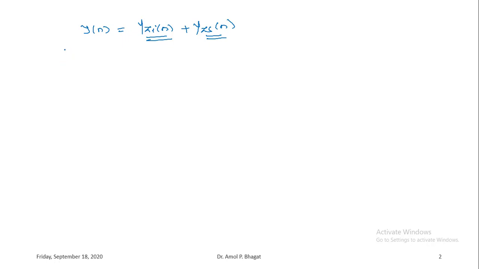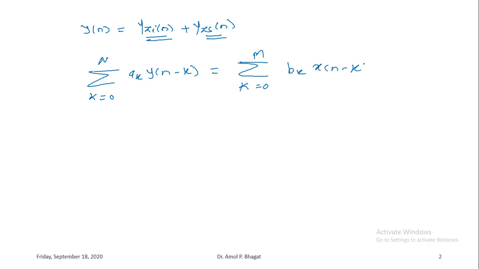We have seen in a previous session that the generalized form of the linear constant coefficient difference equation can be given as summation k equals 0 to capital N, a k y of n minus k, equals summation k equals 0 to M, b k x of n minus k.